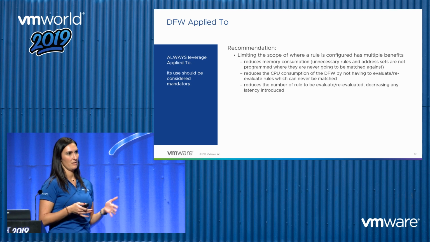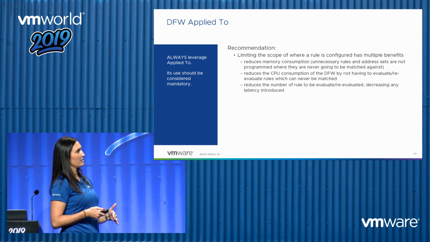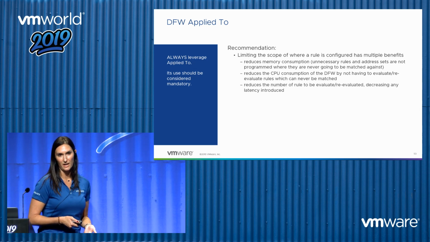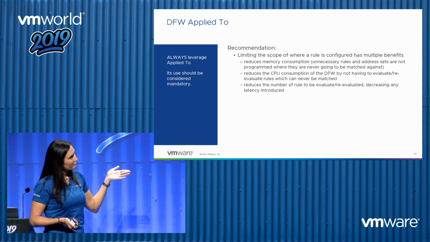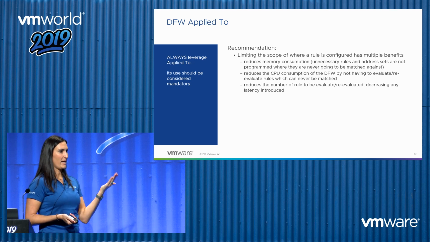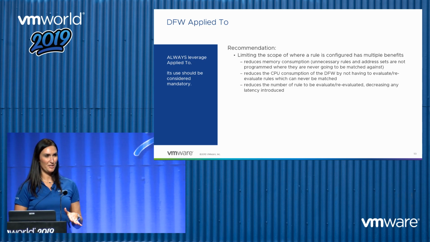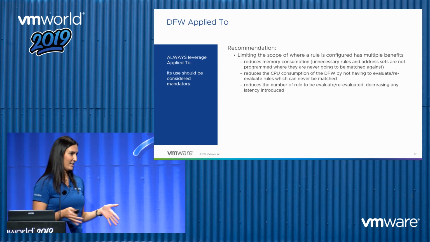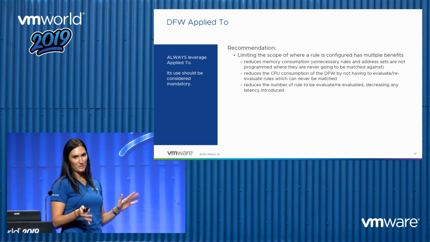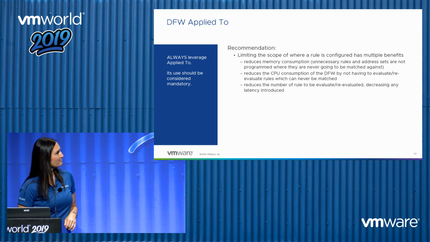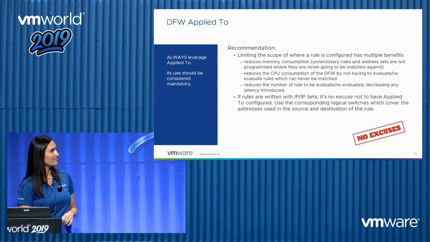That way you're not creating a long list of rules for a VM or individual VNIC that a packet is never going to match on. You really want to consider this a mandatory option and not say, oh, I'm not going to configure the applied to field, it's no big deal. Definitely take that into consideration.